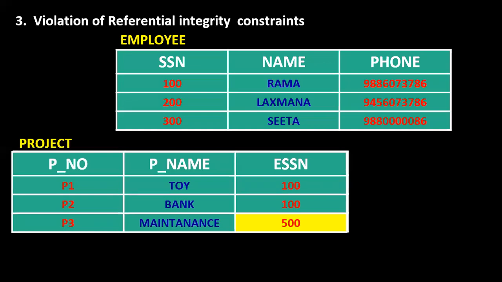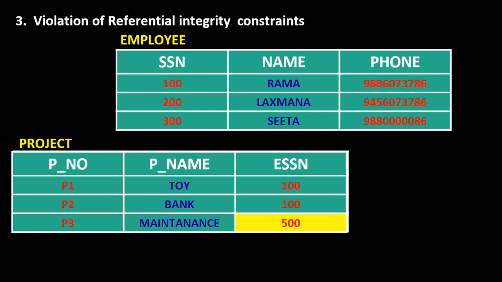Instead of 300, I want to give ESSN 500. Is this acceptable? If I assign project P3 to 500, it means SSN 500 should be an employee in the employee table. So we go and search in the employee table. This 500 is not available in employee for SSN, which means the foreign key constraint is violated. This is not acceptable. It will say referential integrity constraint violated.